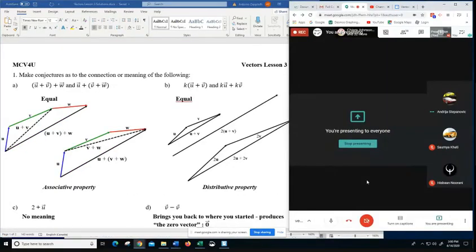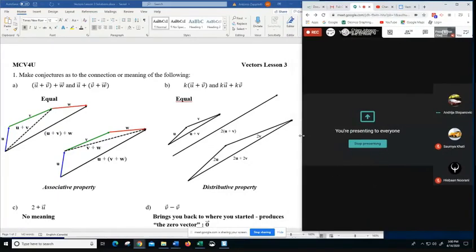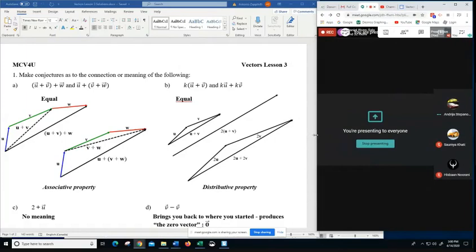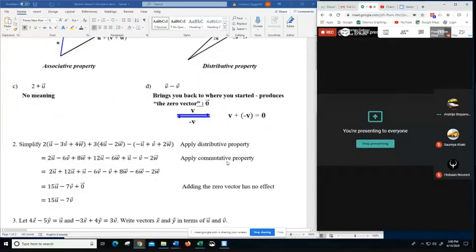Okay, folks, so we're back. Let's take a look at the answer to this problem. Let's look at the first one here. You notice that I just treated this expression the same way I would treat an algebraic expression, because all those same properties that I use for algebraic expressions, I can use for these vector expressions.